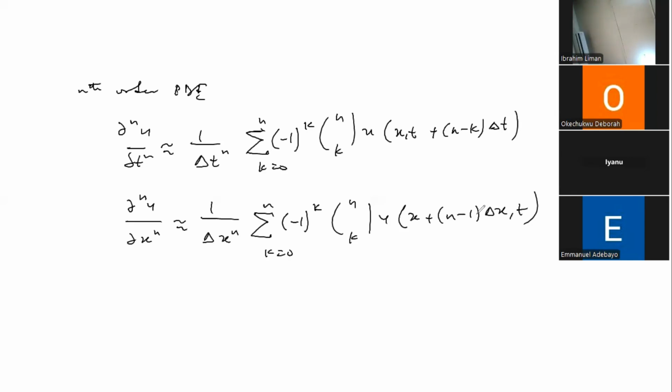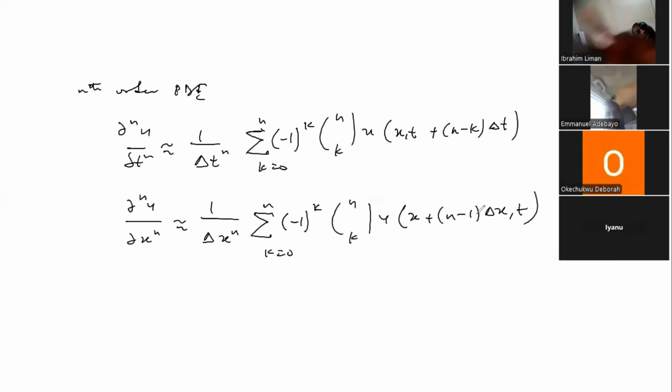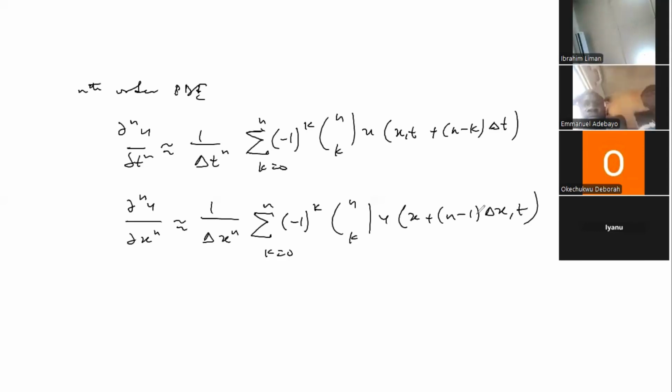So you now see that here we have different approximation techniques: the forward difference approximation, the backward difference approximation, the central difference approximation for the finite difference method. So how do we choose a particular approximation technique?